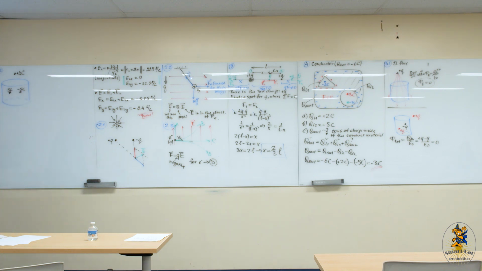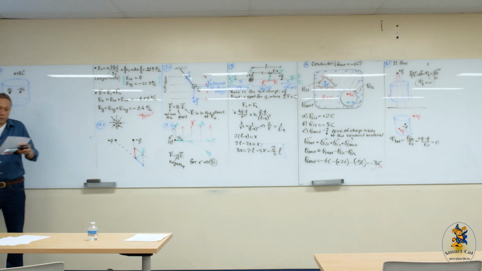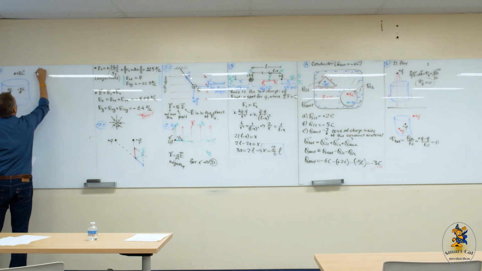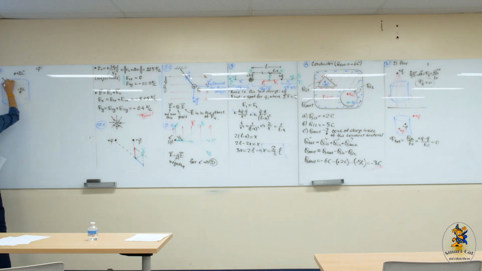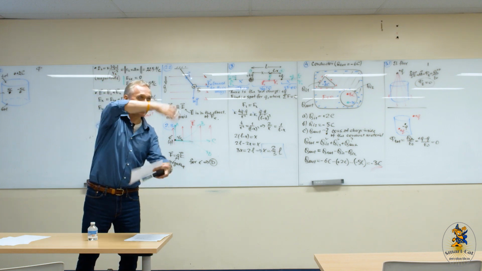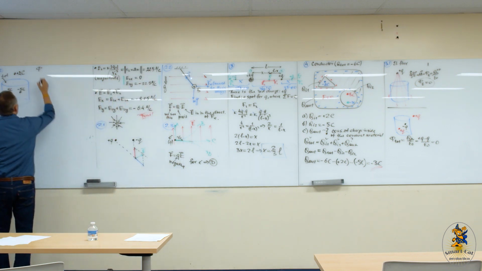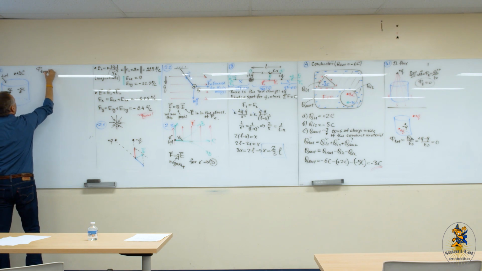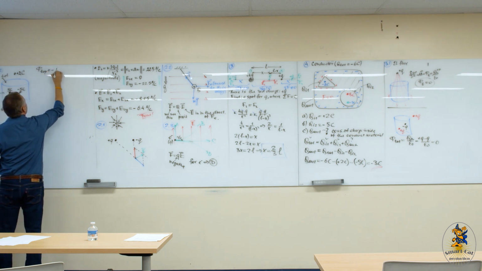Then additional pieces of information. Let's say you somehow measured or calculated the flux, maybe using the definition. This is the top surface, this is the bottom, and this is the cylindrical wall. Cylinder consists of three surfaces: top, bottom, and cylindrical wall. Let's say I know that the flux through the top surface is minus 15.